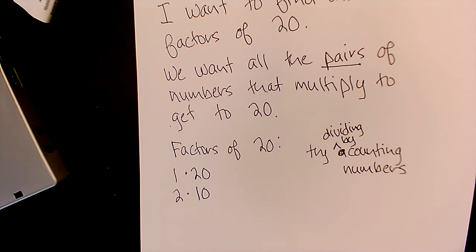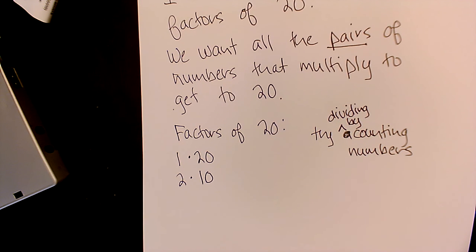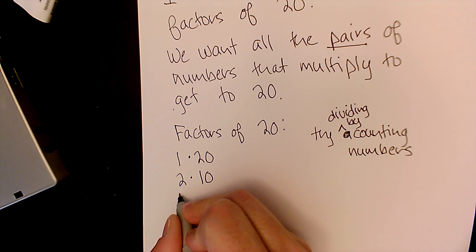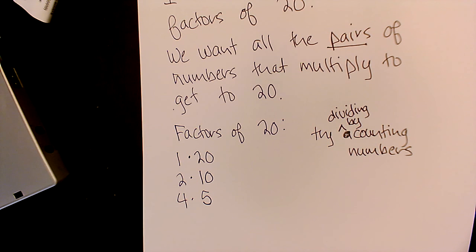Okay. Does 3 go into 20? No. Does 4 go into 20? We know it does. 4 times 5 is 20. Does 6? No. Does 7? No. Does 8? Does 9? No. Does 10?